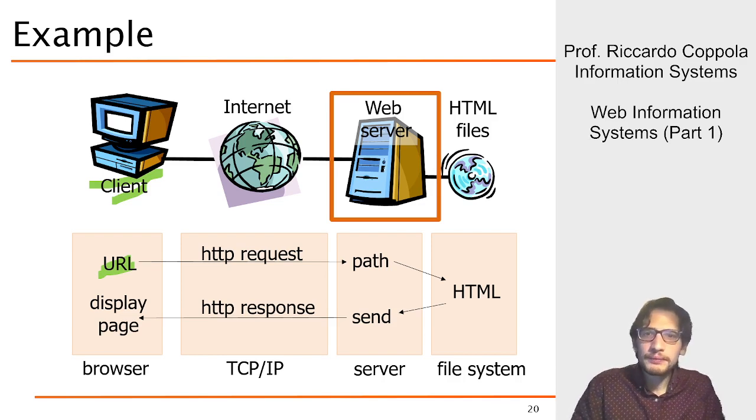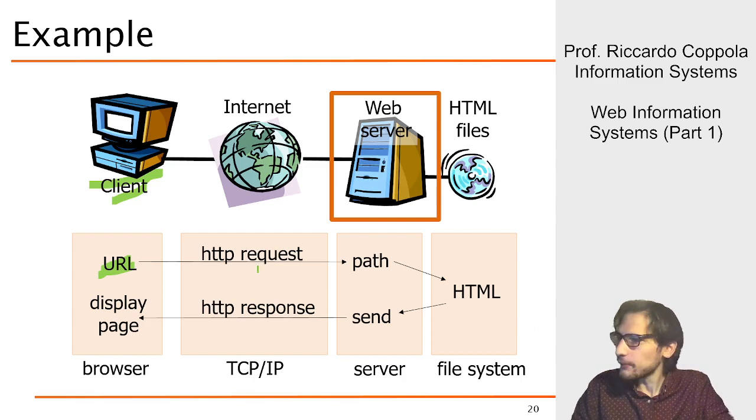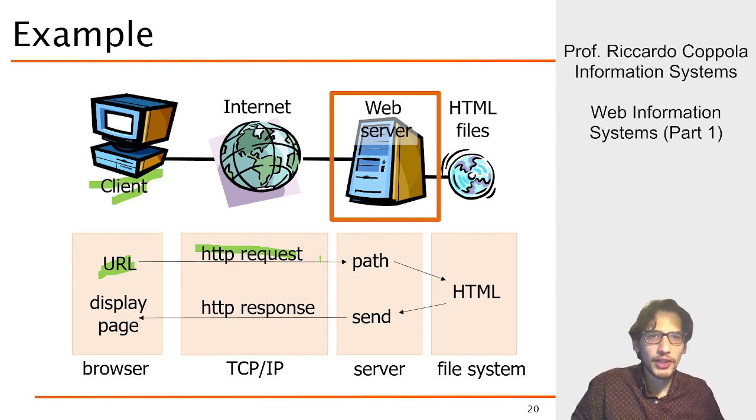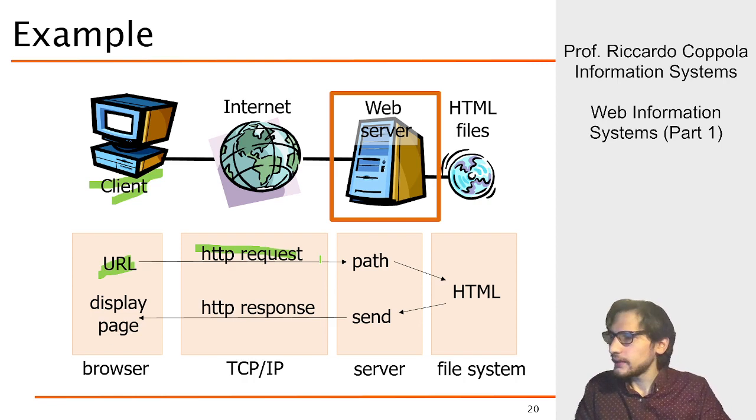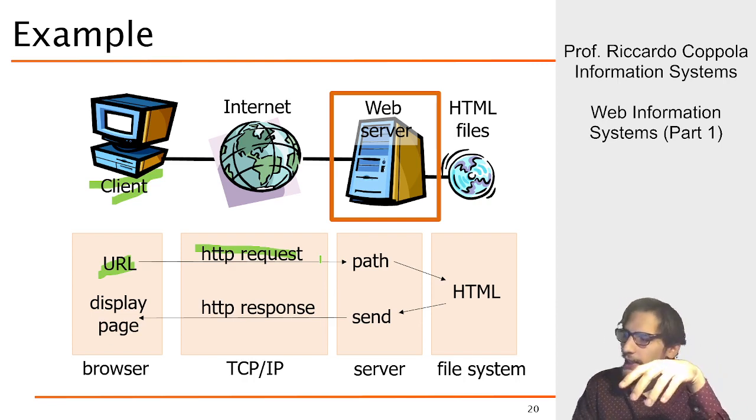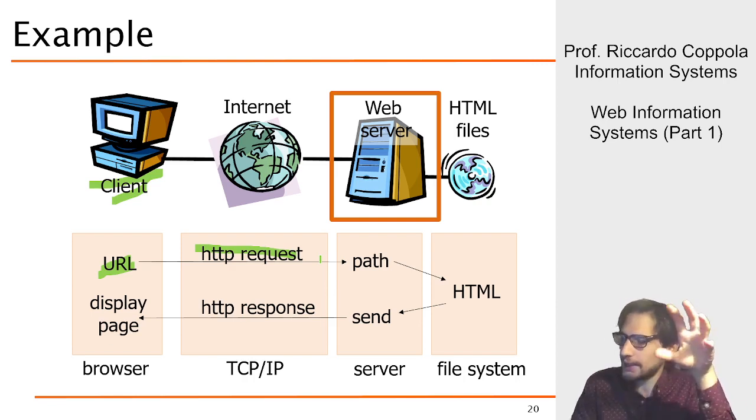So the client sends an HTTP request to the server that is written inside the URL. So the URL is in charge of identifying a server in the internet. The request for something is written in an HTTP request and is sent to the web server.